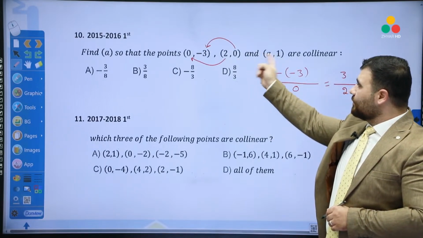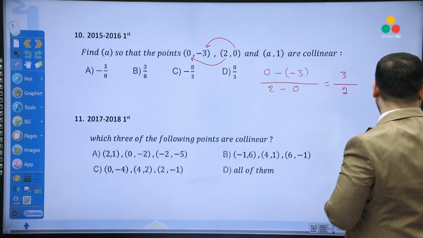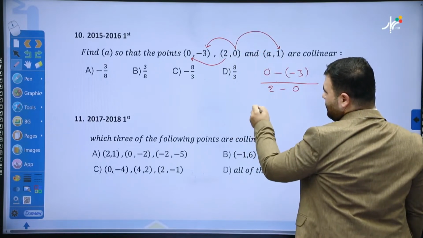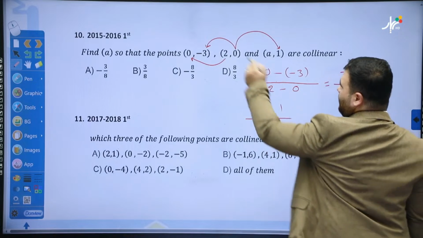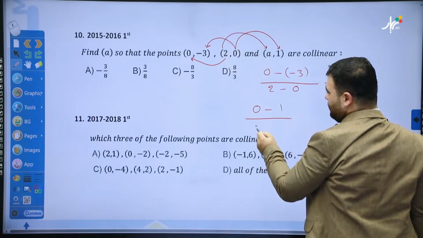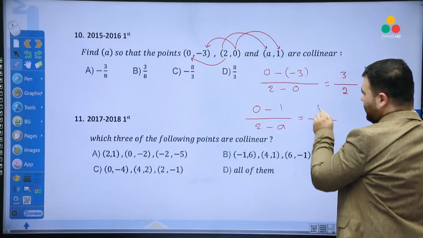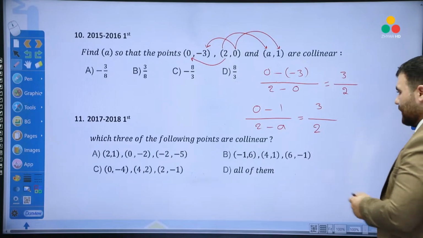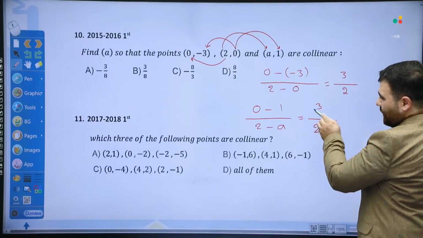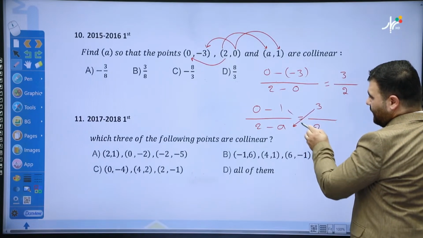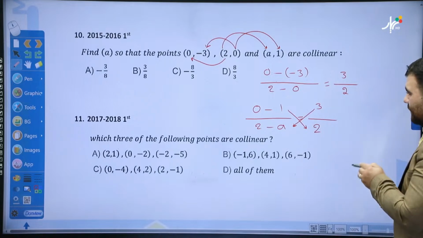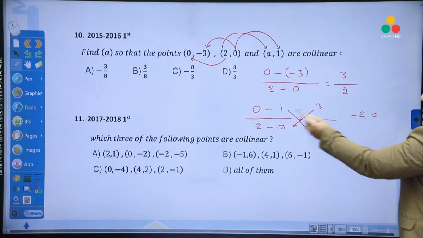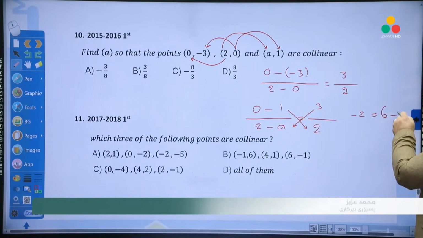Now to find the slope between these two, this time 0 minus 1 over 2 minus A. The result should be 3 over 2. Now, 0 minus 1 is negative 1, over 2 minus A. To get rid of fractions, we can do cross multiplication. Multiply this by 3, multiply this by 2. We get 2 times negative 1, negative 2, equal to 3 times 2, 6, minus 3A.